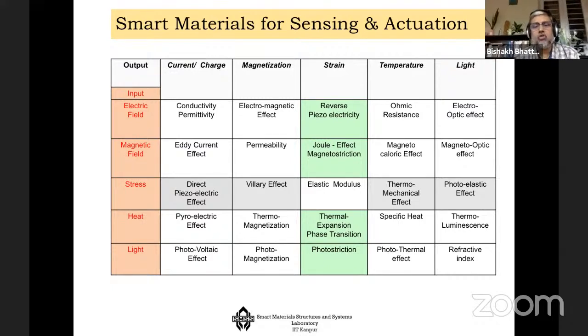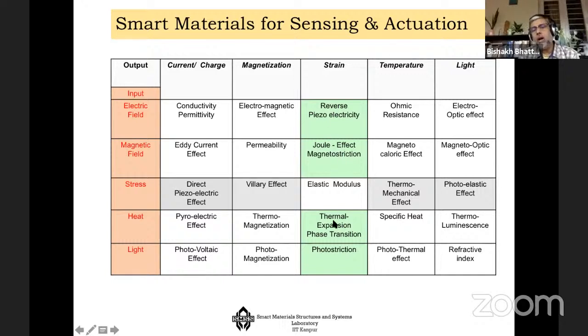Any material can show it. But if your input energy is a magnetic field, and you get output as mechanical strain, then this is an important smart material called magnetostrictive material, which shows the Joule effect. Similarly, from electric field to mechanical strain, there is the reverse piezoelectric effect, and there is the phase transition for shape memory alloy between heat and strain, and light to strain is photostriction.